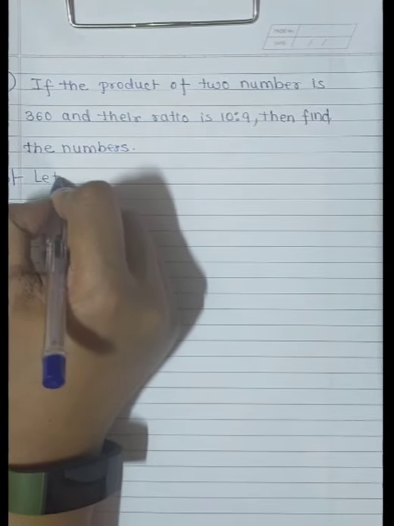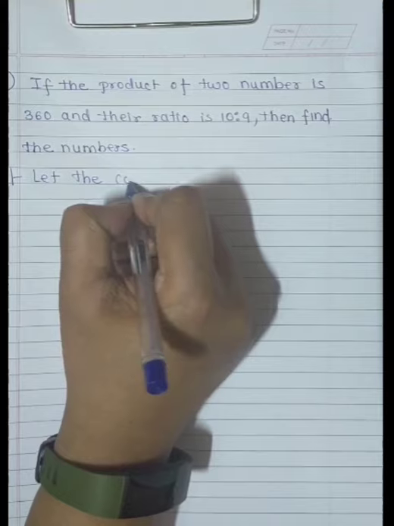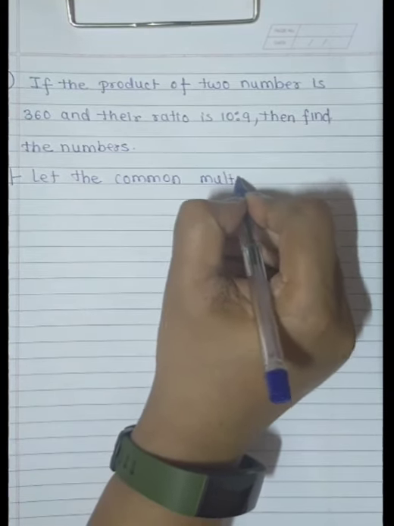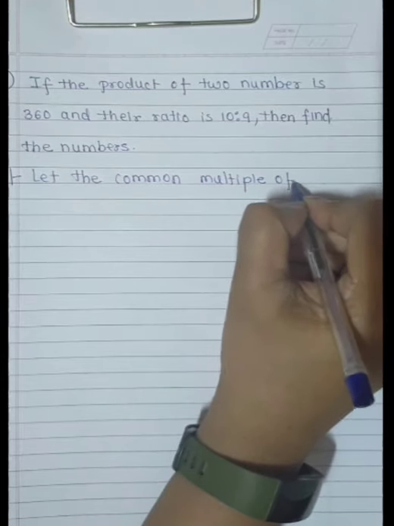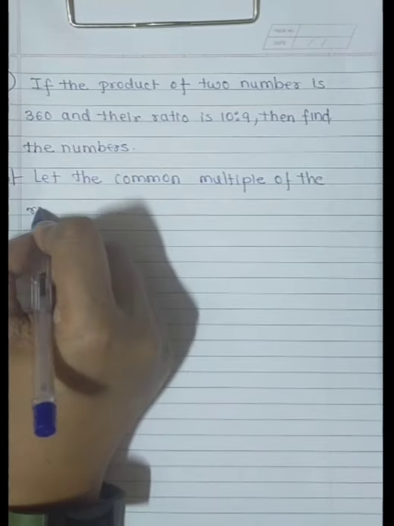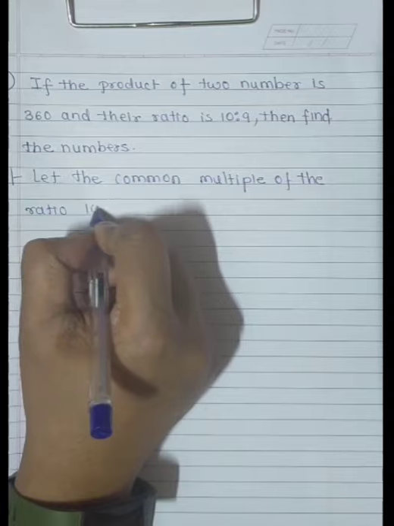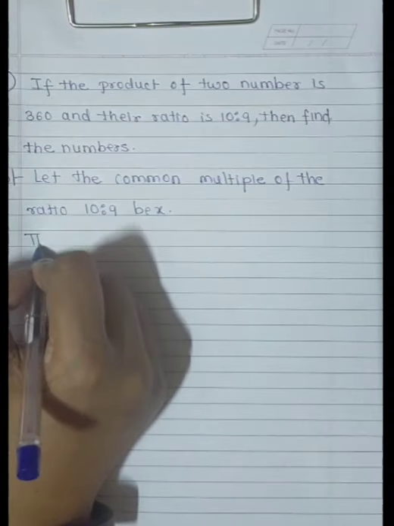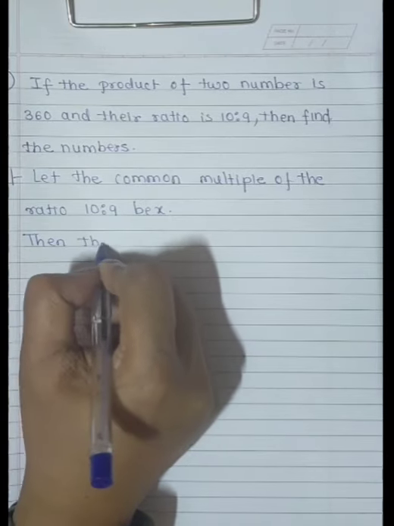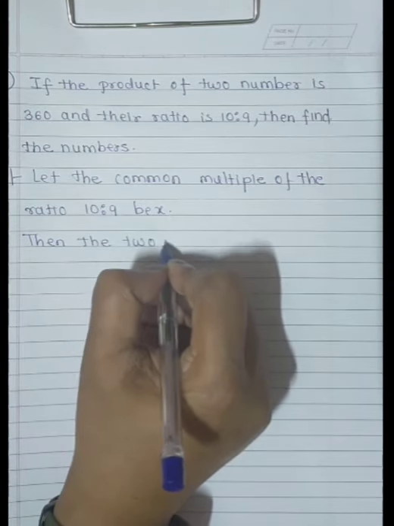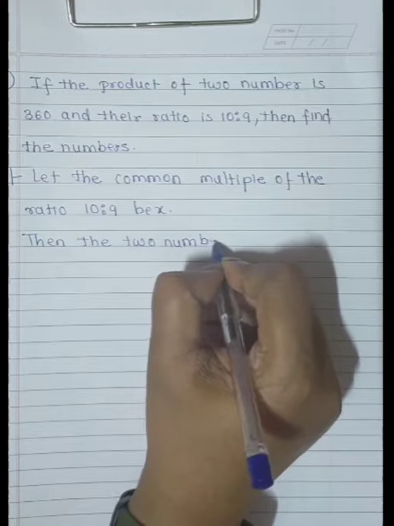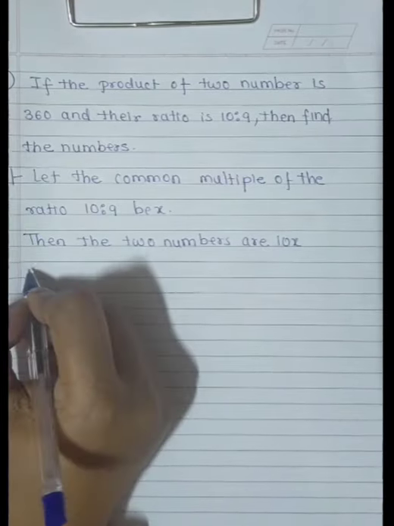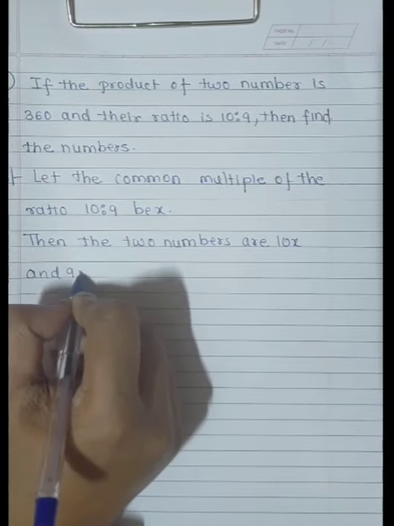Let the common multiple of the ratio 10:9 be x. Then the two numbers are 10x and 9x.